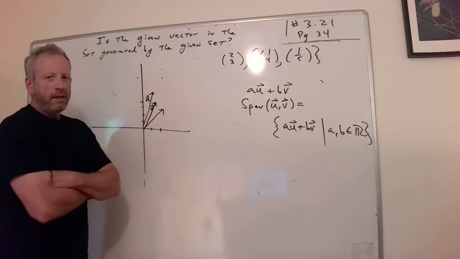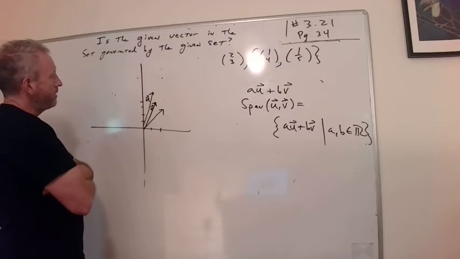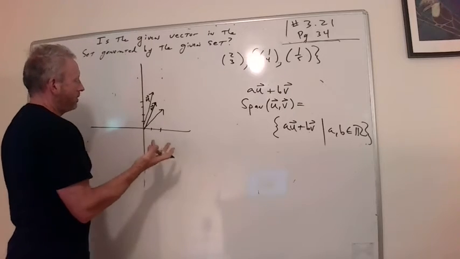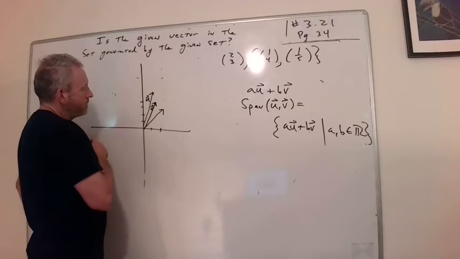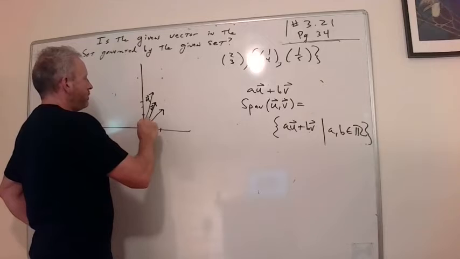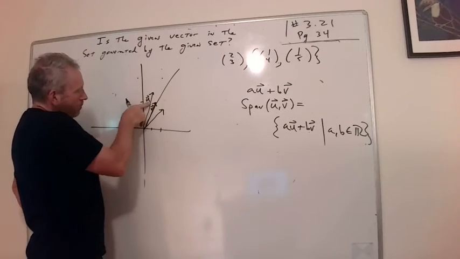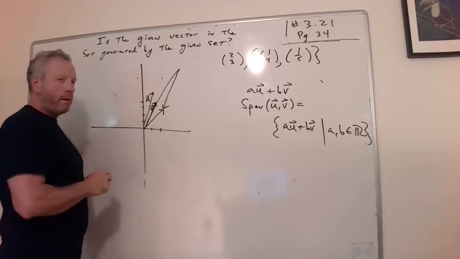The answer, I can tell you right now, is yes, but is it entirely obvious? I should have drawn a better picture, although it's not that bad. How can I get this vector using these two vectors? Well, maybe you could imagine that if you went out far enough this way with vector v, and then multiplied u by a negative number, you can make it come back like this. So maybe that's possible.